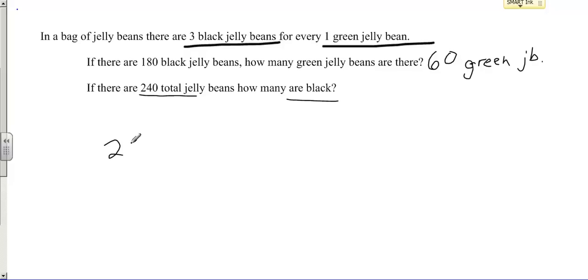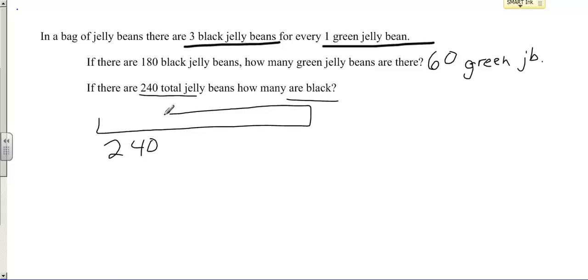Okay, so I'm starting this time with 240 total jelly beans. So I'm making a big bar. How many are black? Well, there are a couple ways for me to figure this out.